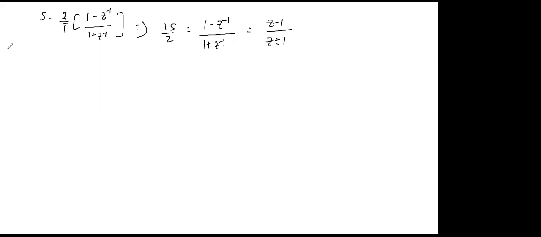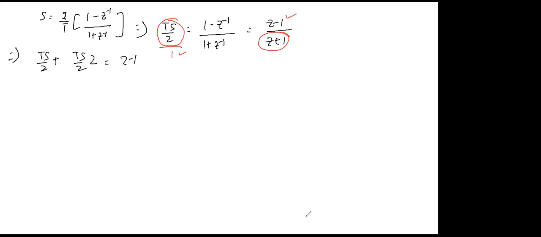Then do the cross multiplication. What will you get? Ts by 2 plus Ts by 2 times z equals z minus 1, simple cross multiplication. Okay, this is by 1, so this part multiplied by this part equals this part multiplied by this part.